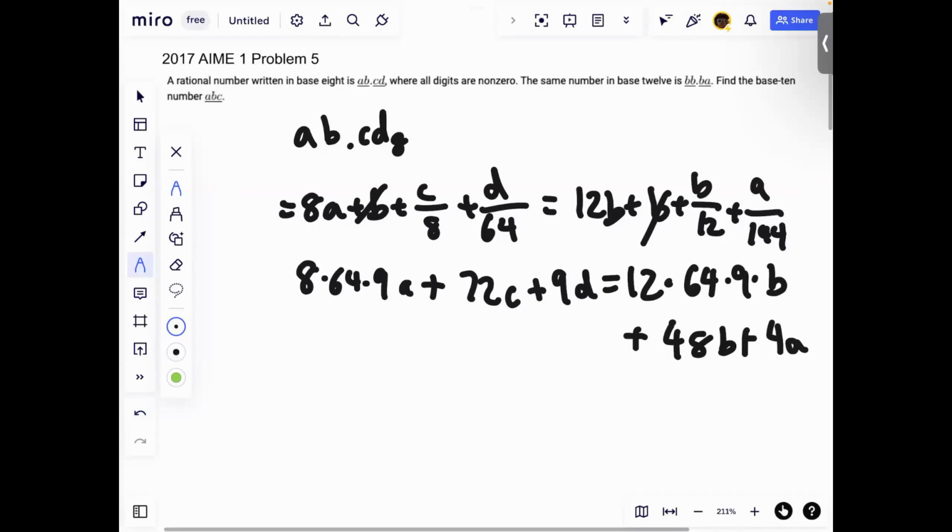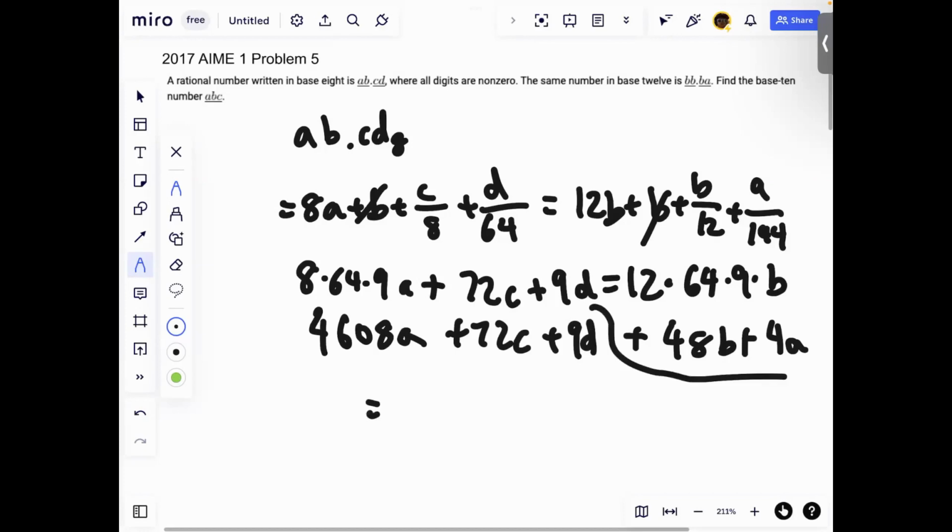So we can cancel stuff. 8 times 64 times 9 is 4608, so we have 4608A plus 72C plus 9D equal to 6912B plus 48B plus 4A.